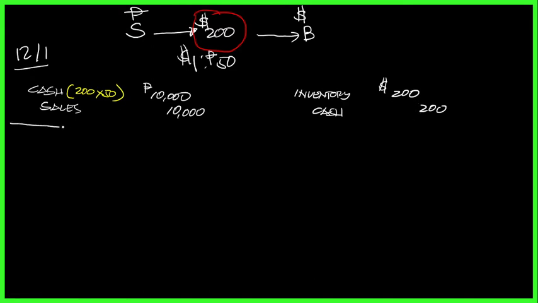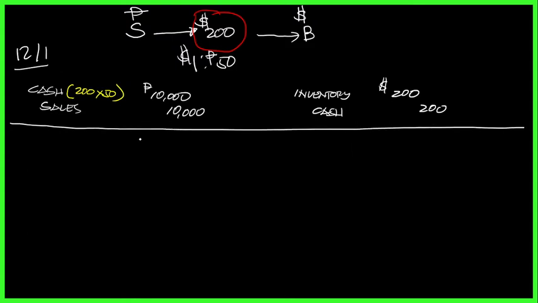So these are now your journal entries. But what if the transaction happens on December 1, but it will be paid on December 31? Let's assume that the exchange rate as of December 1 is still $1 is to 50.